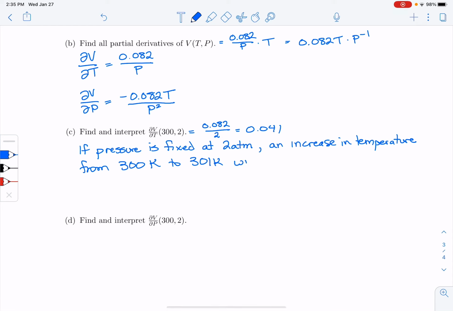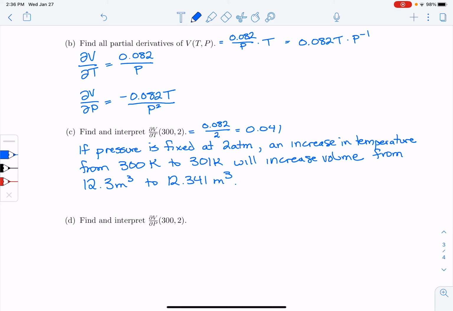That's going to increase the volume by a small amount. We could say by 0.041 meters cubed, but we could also say it could increase from 12.3 meters cubed to 12.341 meters cubed. So changing the temperature by 1 degree Kelvin is going to increase the volume of that ideal gas by just a little bit.